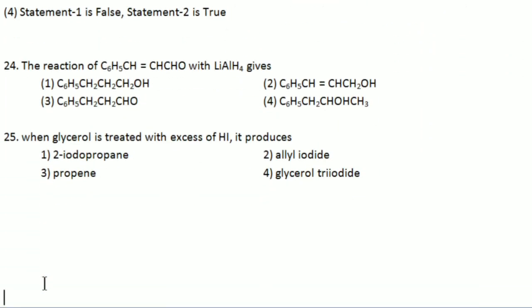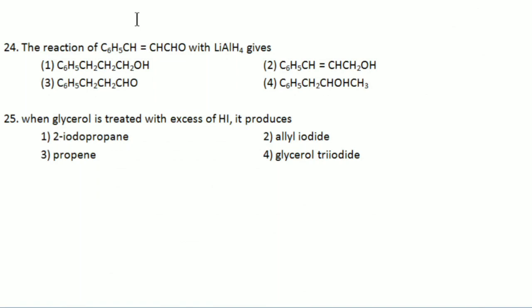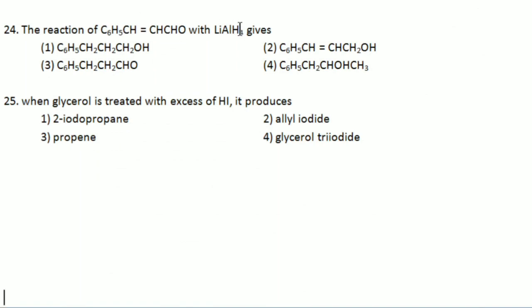24. The reaction, very important question, remember. Reaction of C6H5CH double bond CHCHO with LiAlH4 gives. Remember, generally lithium aluminum hydride or sodium borohydride will not reduce a double bond, but it will reduce such a type of compound where the alpha carbon is attached to a benzene ring, that is a phenyl group.